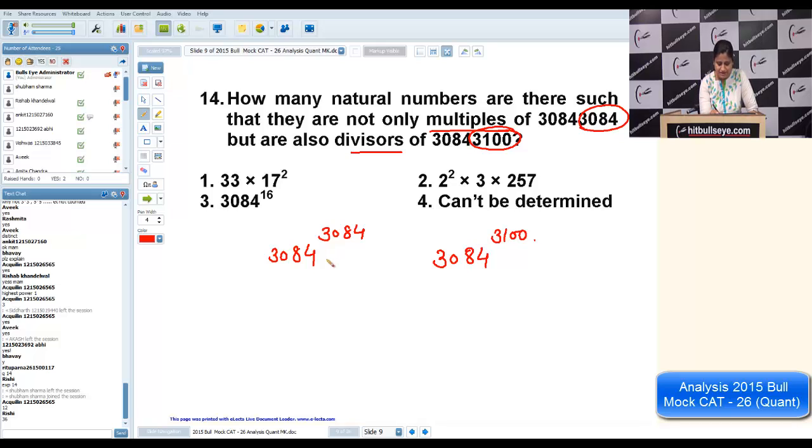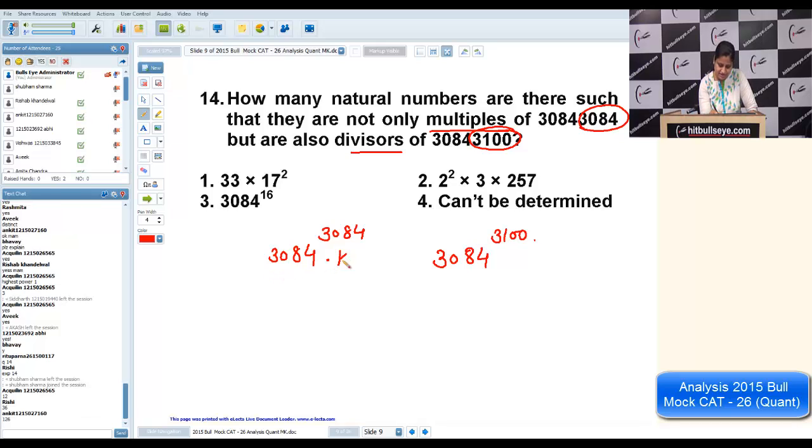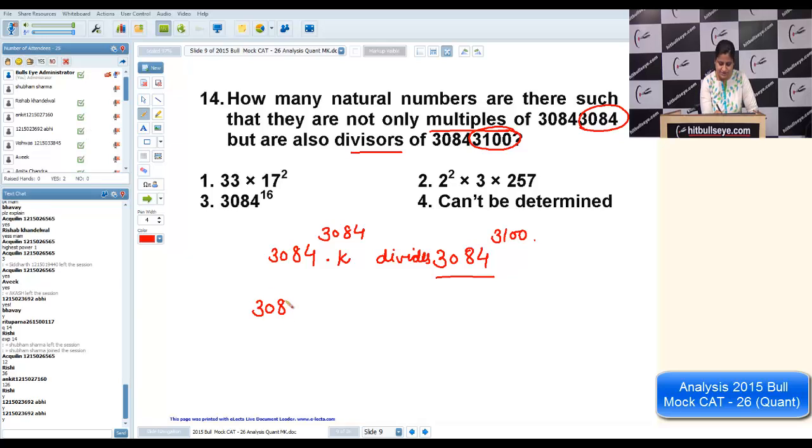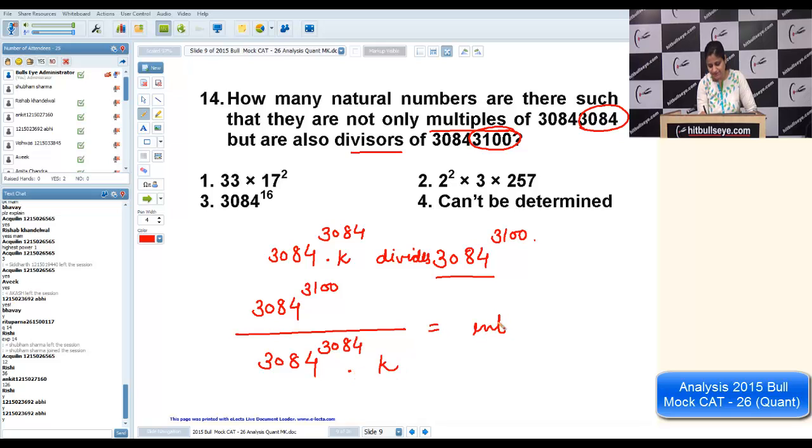So, we need a multiple of the first number. Let it be 3084 raised to power 3084 into k. Now this is a multiple of the number. It should divide this number. That is the meaning of this question. You got that? If this is so, we can say that 3084 raised to power 3100 when divided by this number, the answer should be an integer always. That is the meaning of divisibility. Is it okay?